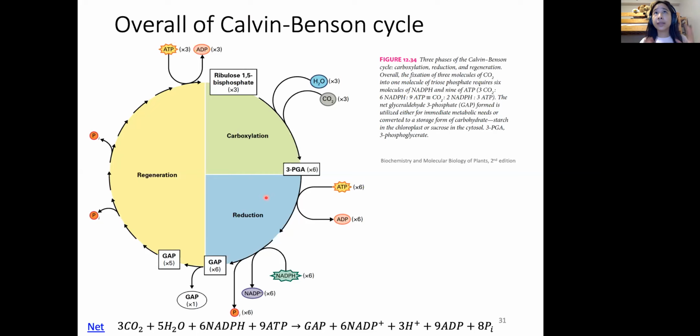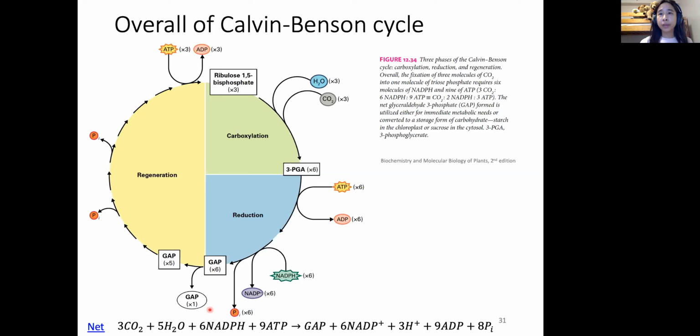During the Calvin-Benson cycle, you need 6 molecules of NADPH and 9 molecules of ATP. This means you need more ATP compared to NADPH. So it makes sense now that the cyclic electron flow is quite important because it needs to make up the ratio of NADPH and ATP.